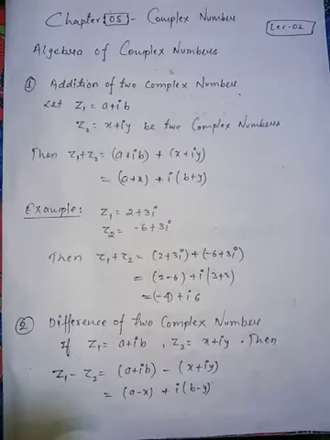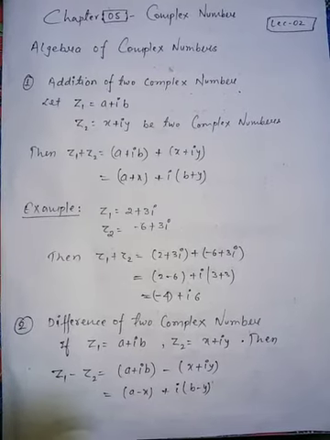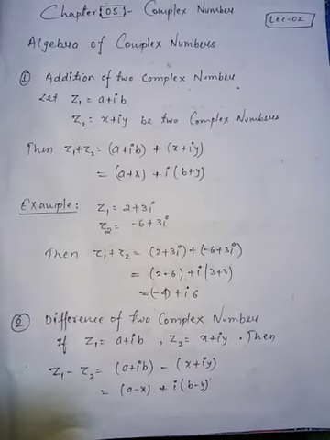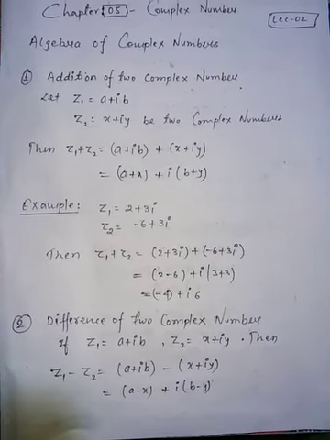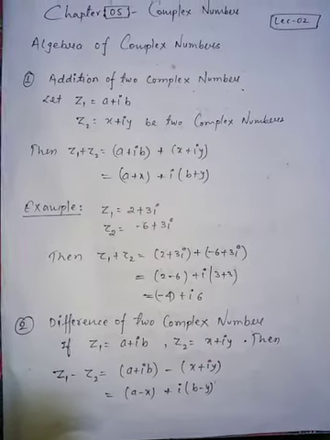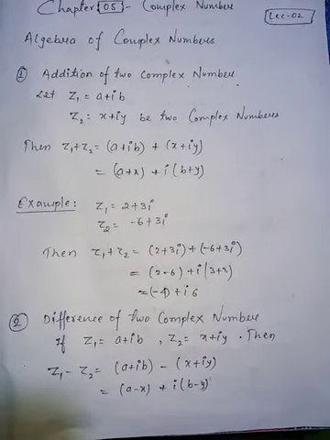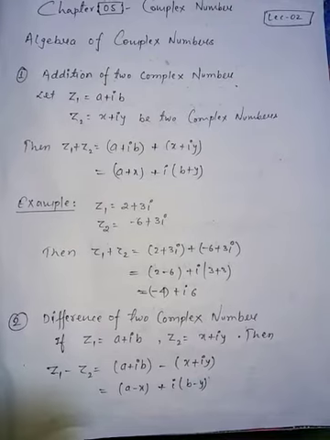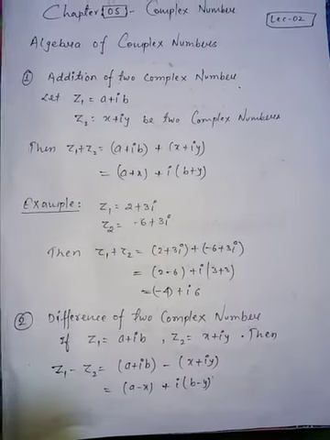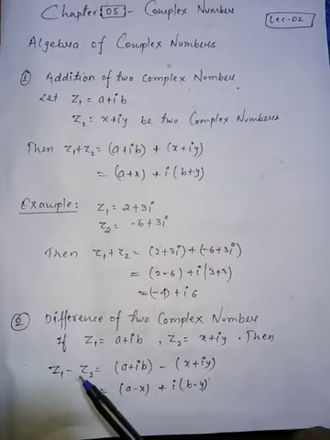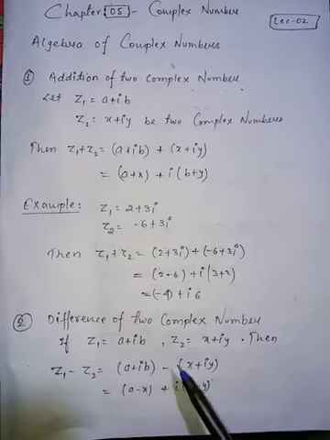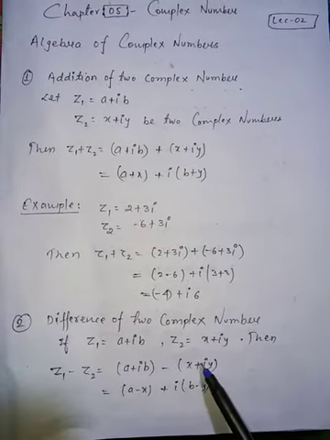Second operation is difference of two complex numbers. If z1 equal to a plus ib, z2 equal to x plus iy, then z1 minus z2 equal to a plus ib minus x plus iy.